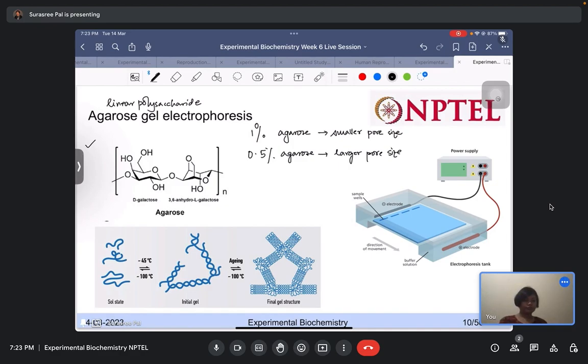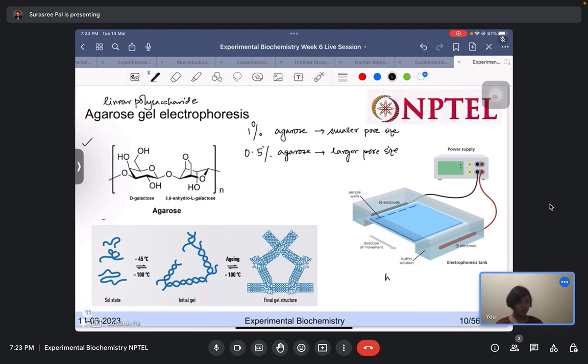Now this is how the agarose gel setup looks like, and here we can see a typical agarose gel, similar to polyacrylamide gel. But remember that in case of an agarose gel electrophoresis, the electrophoresis is run horizontally.